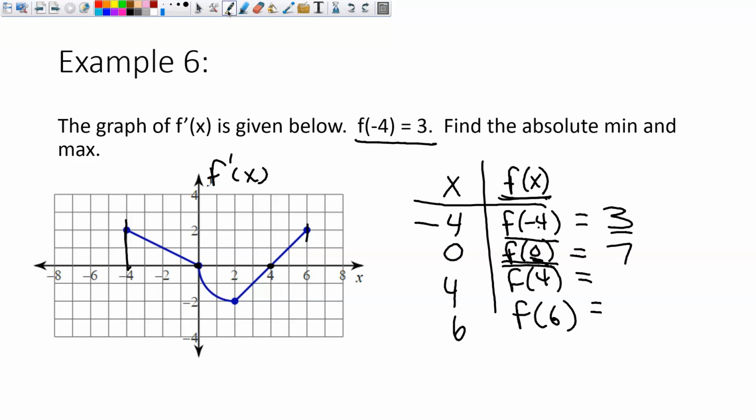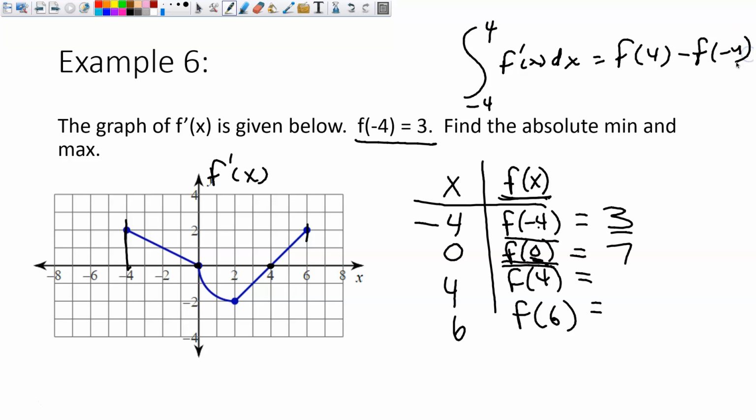So I want to find f of 4. So what's it going to be? Good. Okay. So let's do that. Negative 4 to 4. Wow.